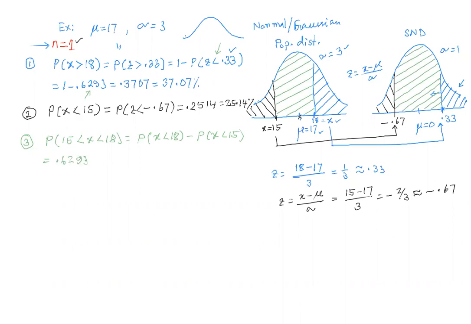0.6293 minus the probability of x less than 15, which is 0.2514.